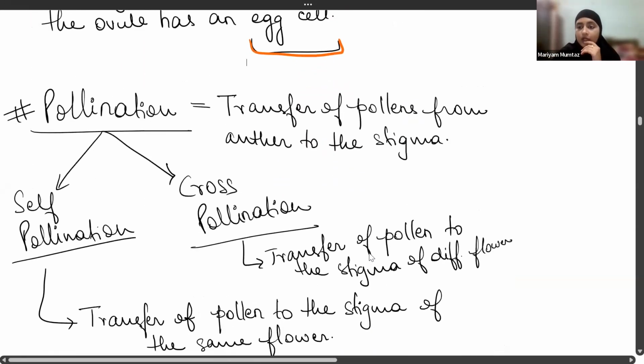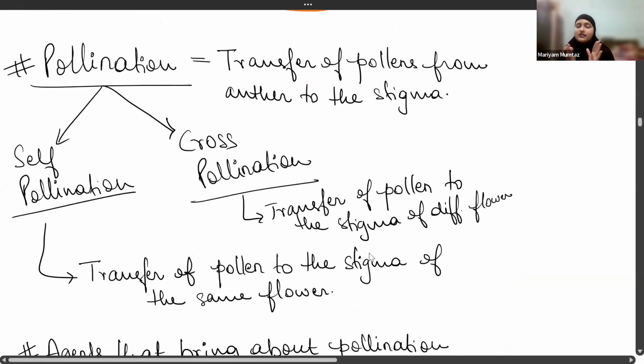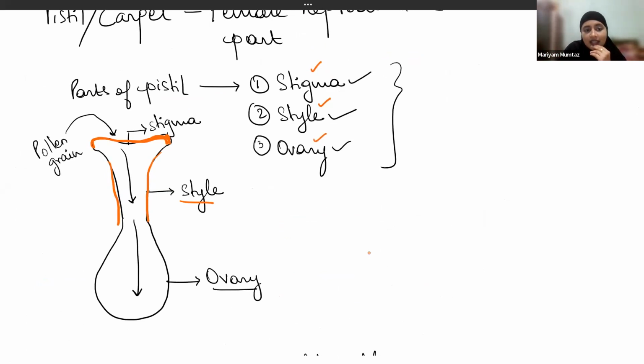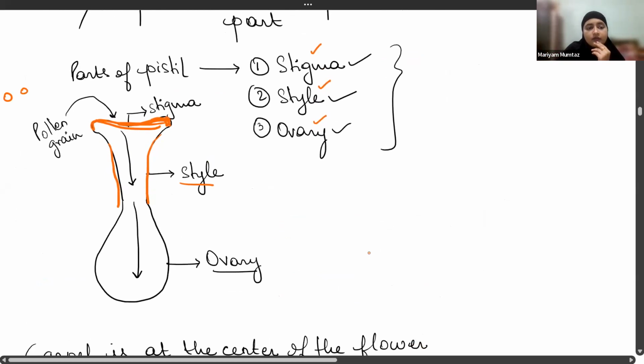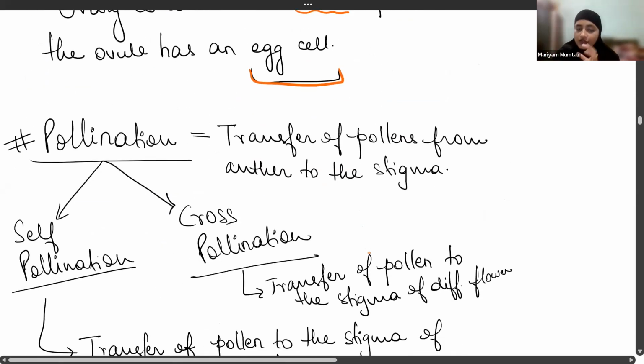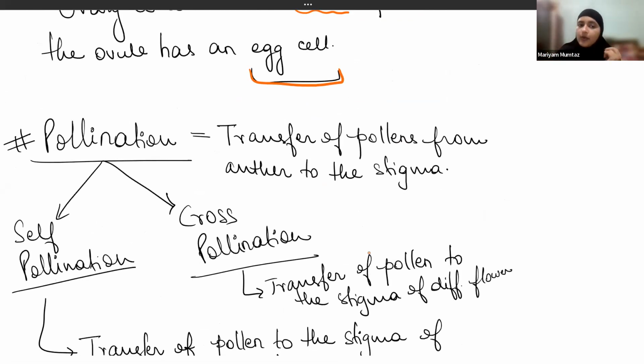Pollination is the transfer of pollen from the anther, the male reproductive part, to the stigma, which is the landing portion of the female part. The pollen grains come from the anthers and land on the stigma like this. Is it clear? This transfer of pollen grains from the anther to the stigma is known as pollination.